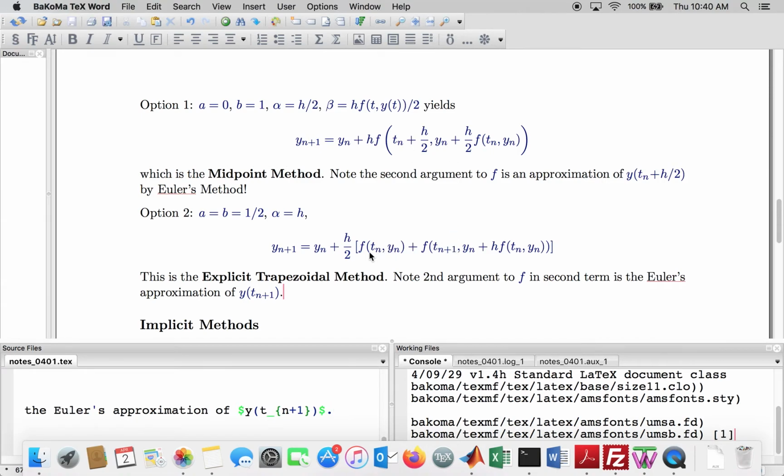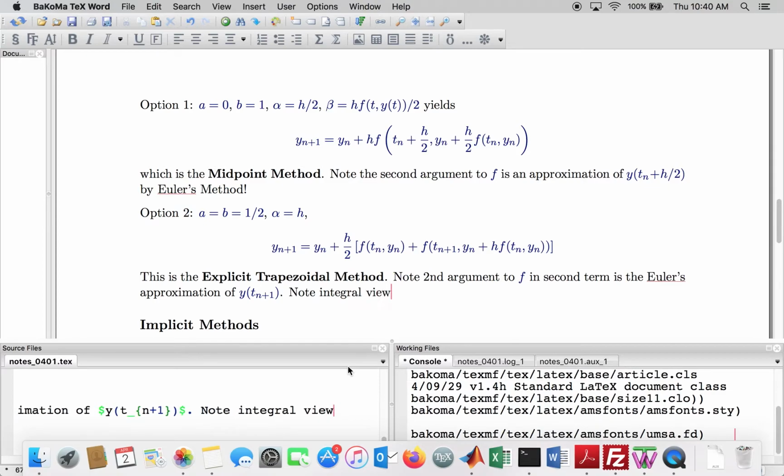So it's like we're using a quadrature rule again.